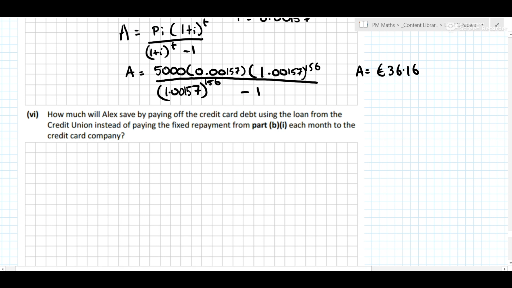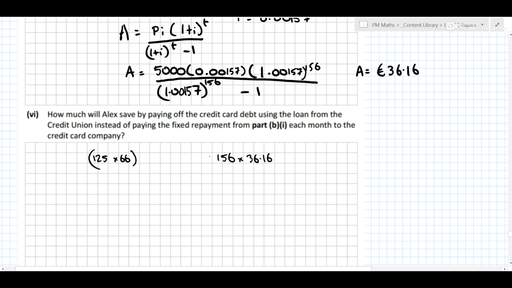So how much will Alex save by paying off the credit card debt using the loan from the credit union? So that is the difference between 66 repayments at €125 and 156 repayments at €36.16.